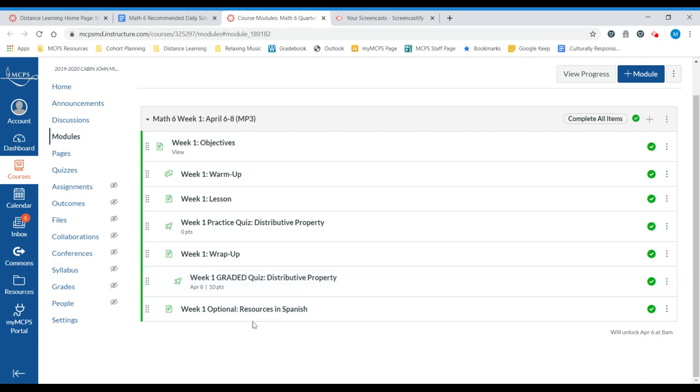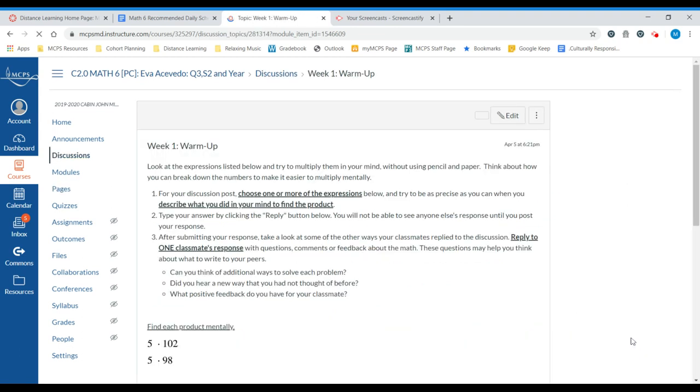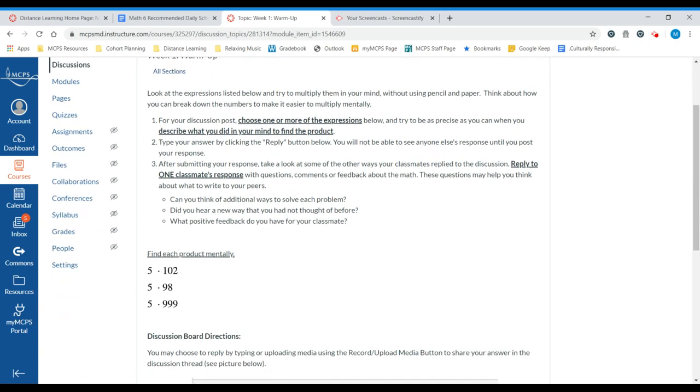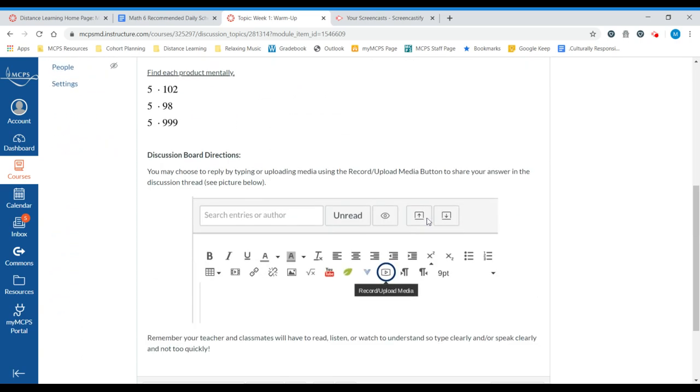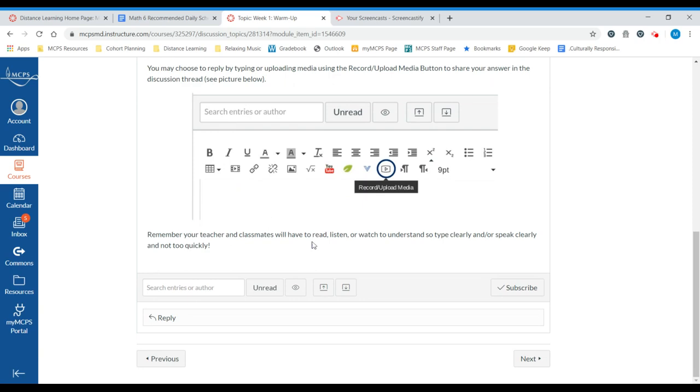It also has some additional resources in Spanish. I'm going to click through some of these so you can see what they look like. Here are the objectives for this week. This is the warm-up. Make sure you read all of the directions carefully and that you answer all parts of the question. For this warm-up, you are going to be posting onto a discussion board.